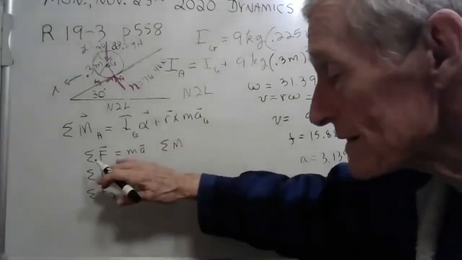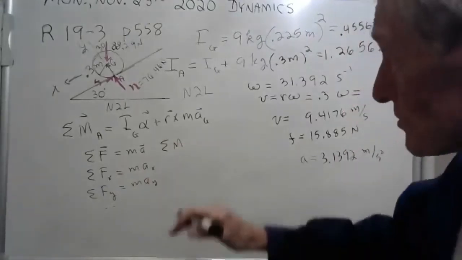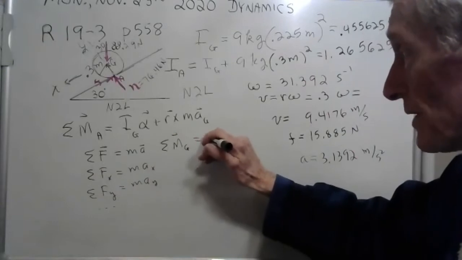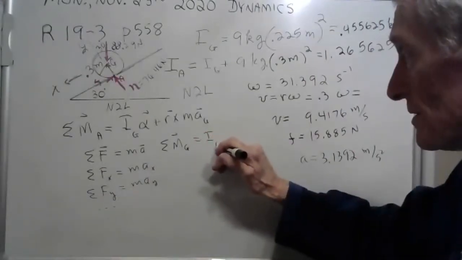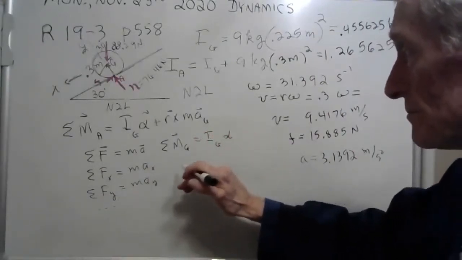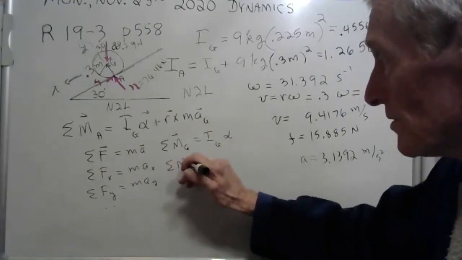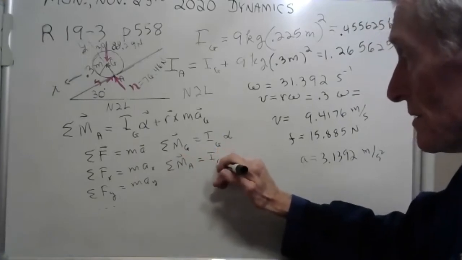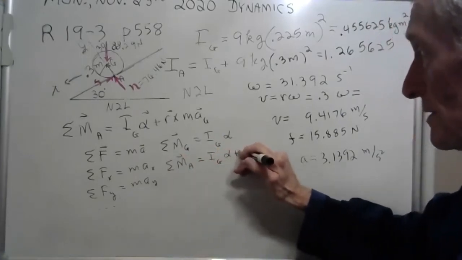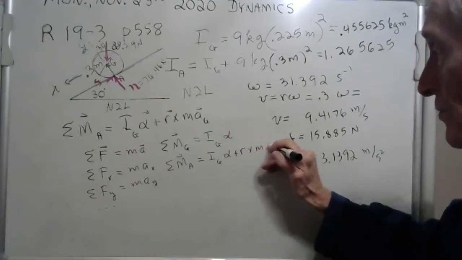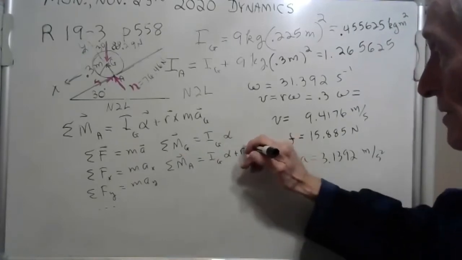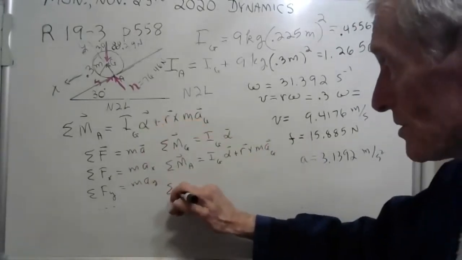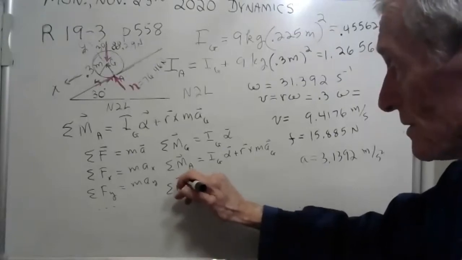See, this is the translational form of Newton's second law, but there's a rotational form that goes like this. And then there's another one that goes like this. Well, that's the one we just did. That's the one that we wrote down. We're going to plug it in here in a minute.